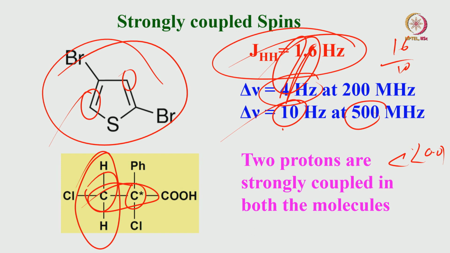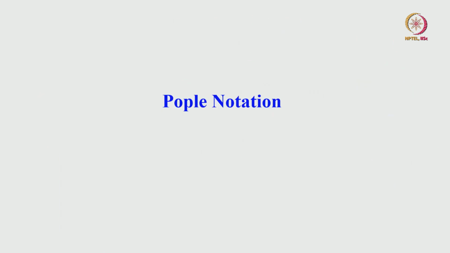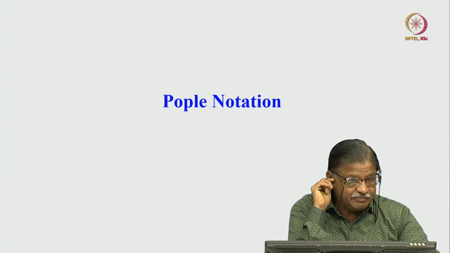But the J coupling is much smaller and the chemical shift separation is also much smaller. In this example I did not give the values, but this is also strongly coupled, like here. Again these two protons give a spectrum with peaks of different intensity, not all of equal intensity. So this is what I wanted to tell you about strongly and weakly coupled spin systems.